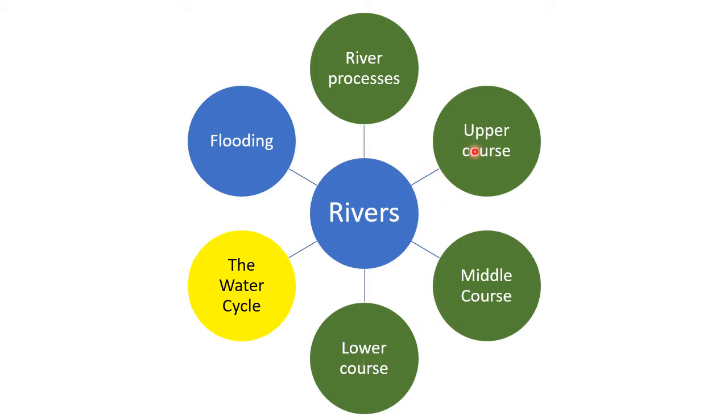And last lesson we were looking at how they change as you go from upper course to lower course, what we were just doing a second ago. What we're going to do is finish off looking at the different features of a river, which we call basically the river basin, and then we're going to move on to the water cycle, and look at what happens to water in a river basin in the environment.